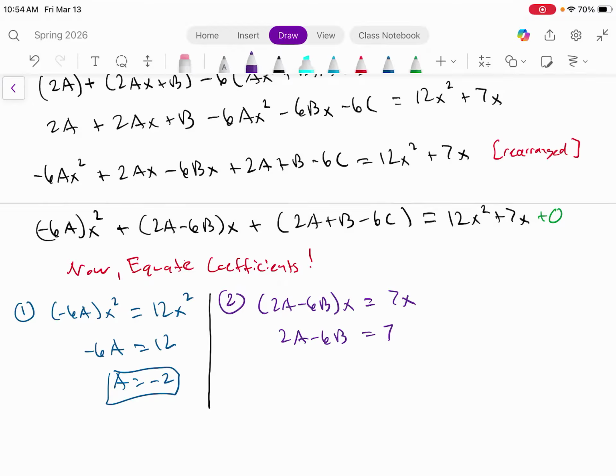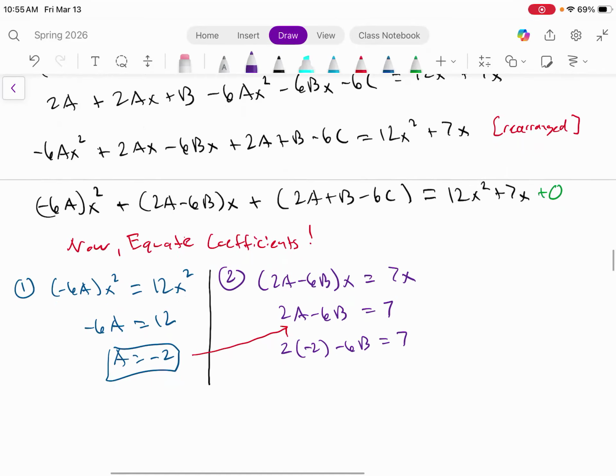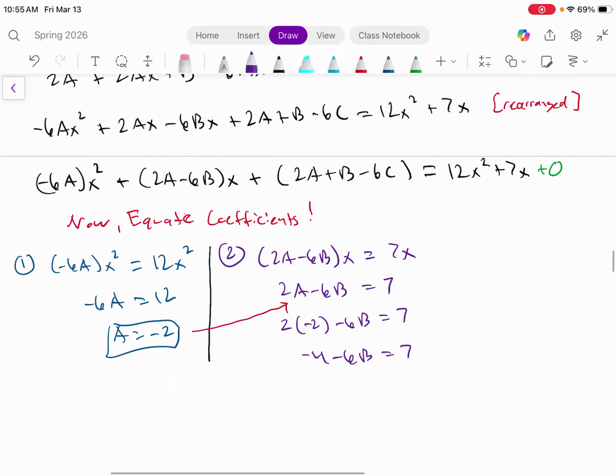So I already know what a is, so I could plug that in there. So this is 2 times negative 2 minus 6b equals 7. And so negative 4 minus 6b equals 7. And so b would just equal negative 11 over 6. Okay, not the prettiest number, but that's what b would be.